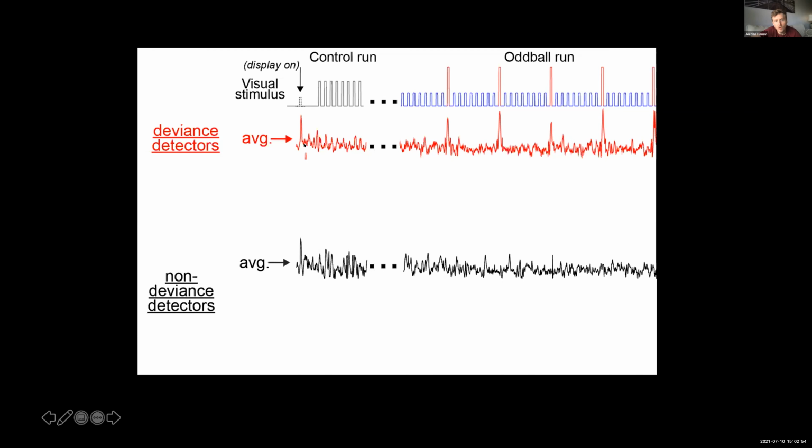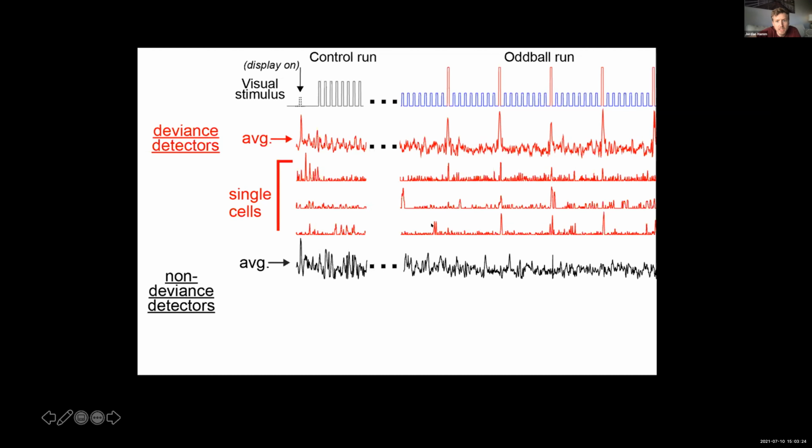Then once the control run starts, you get some regular response in both populations. But these deviance detector neurons seem to be showing a dramatically increased response only to the deviant stimuli, whereas your non-deviance detector neurons, while they're still showing reliable responses during the control run and some responses during the oddball, don't show an augmented response to the deviant stimulus.